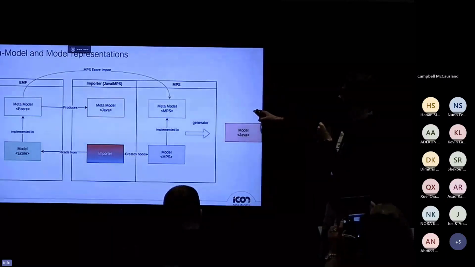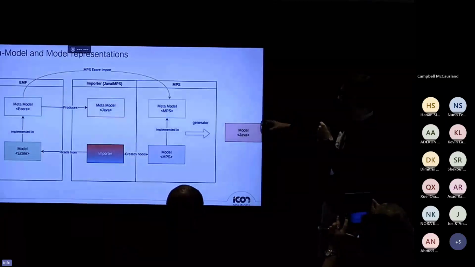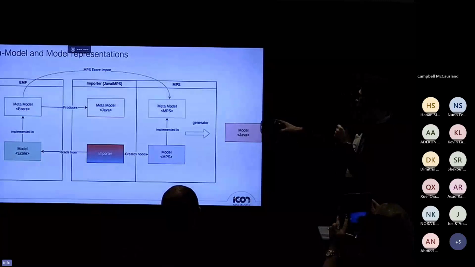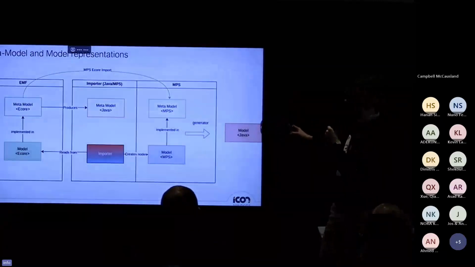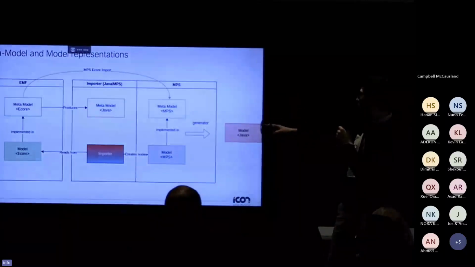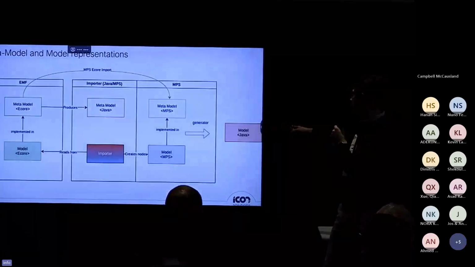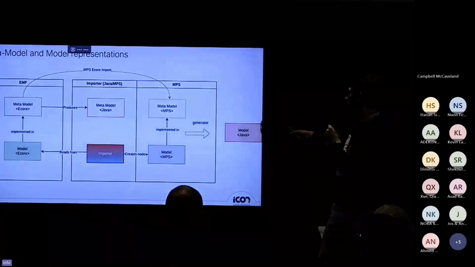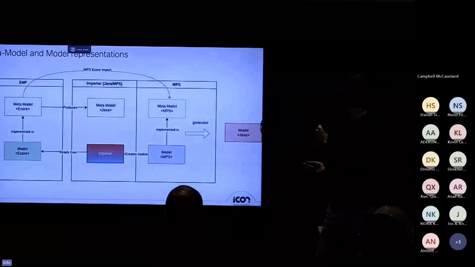We then also produced the Java meta model, and then we created the importer, which is a combination of red and blue because it's part Java, part MPS. That uses the Java meta model, it reads from the ecore file, and then it creates the nodes within MPS. And once you've got the model in MPS, then it's just normal generators to be able to generate anything that you want.